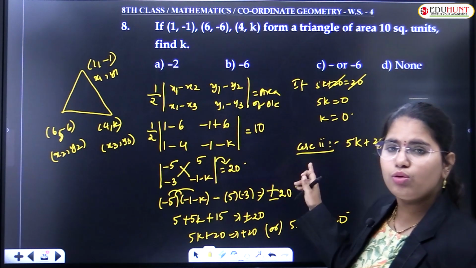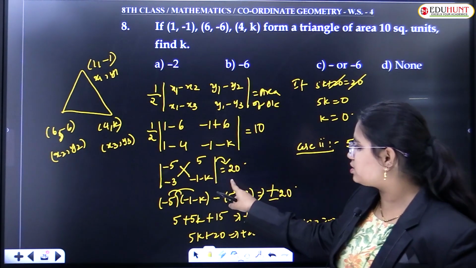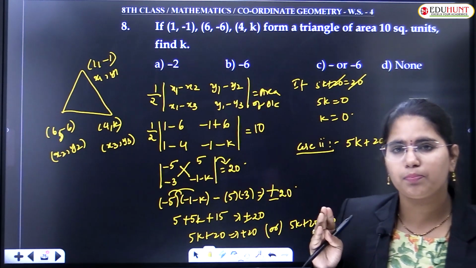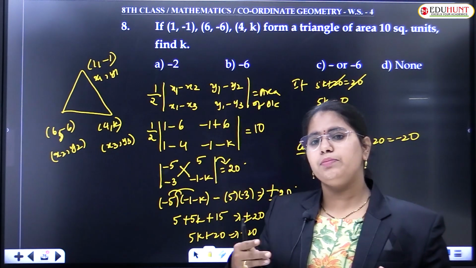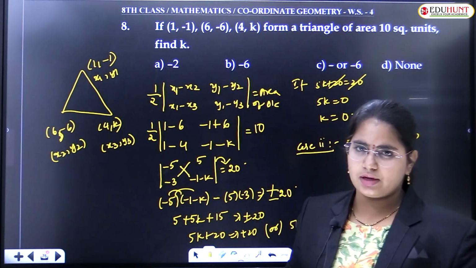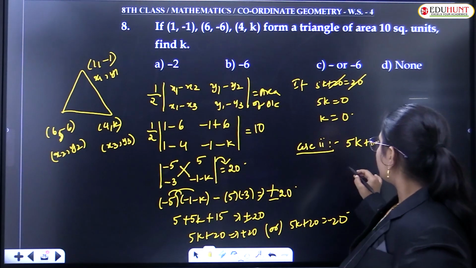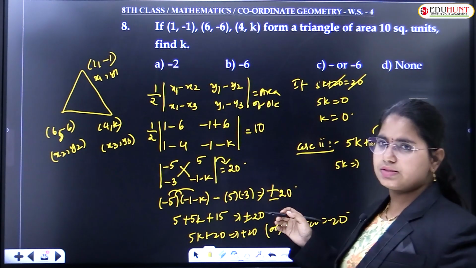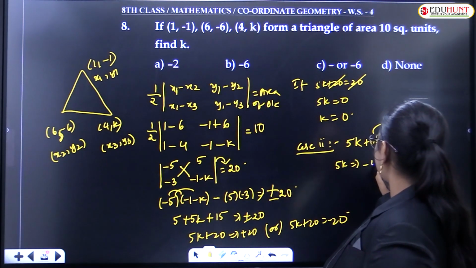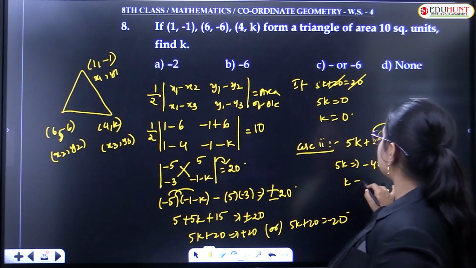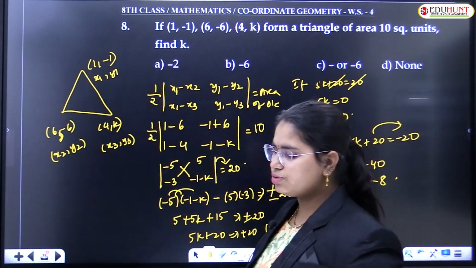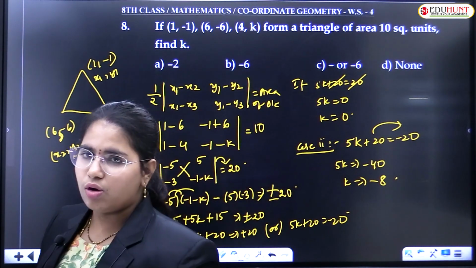Why did you get plus 20 and minus 20? Because whenever you are transforming a modulus function, it will be either plus or minus. It takes both the signs, right? So 5k is equal to minus 20 minus 20, which is minus 40. So the k value is minus 8. So here you got the two options, which are 0 or minus 8.